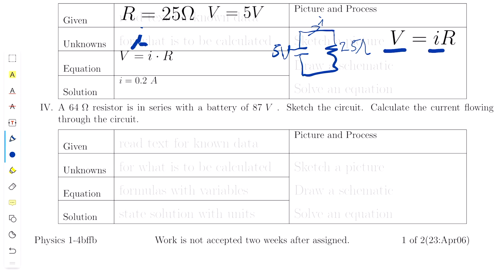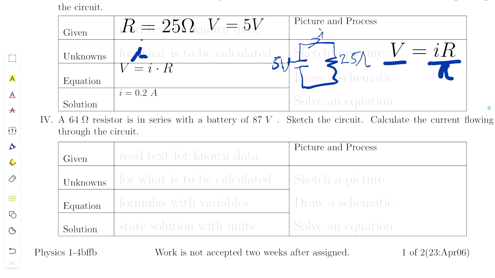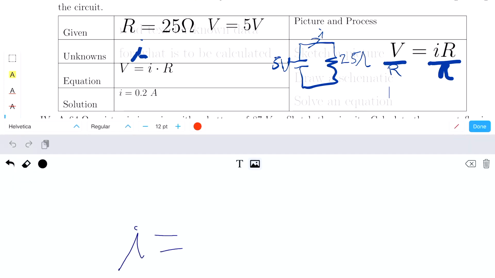So we are going to divide both sides by R. When we divide both sides by R, we are going to get the equation I equals V over R.